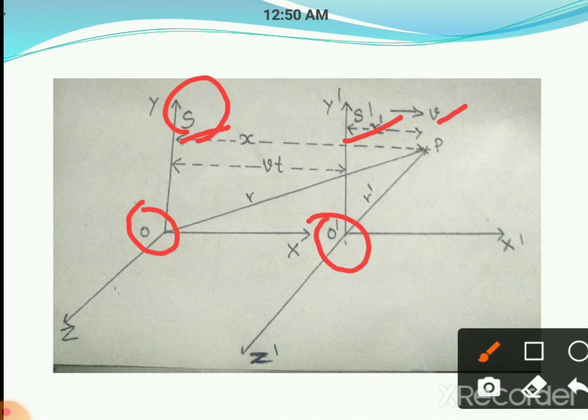If a light pulse is produced at t equal to 0, it spreads out as a growing sphere with velocity c. So after a time t, for an observer at the position O, the light will reach the point P, which is at a distance r equal to ct.